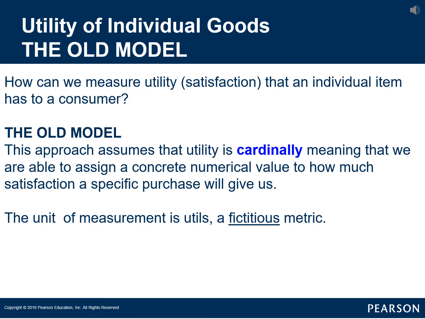So we assigned a number to the amount of satisfaction that a person received by obtaining or purchasing a good. This numerical value was given the units of utils, stemming from the word utility.